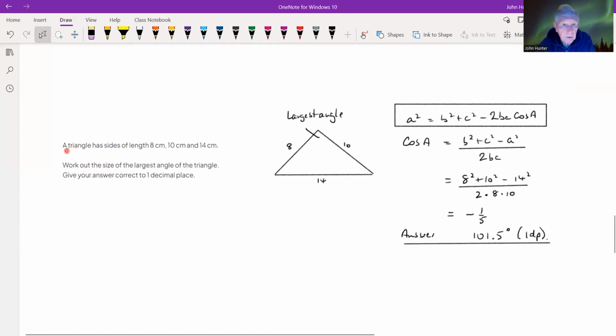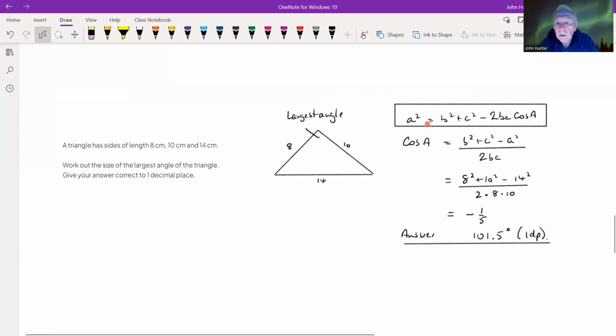Try this one. A triangle has sides of length 8, 10, and 14. Work out the size of the largest angle. Give your answer to one decimal place. Well, here I've drawn it. Now, the largest angle is going to be opposite the longest side, isn't it? So we've got three sides and we want an angle.